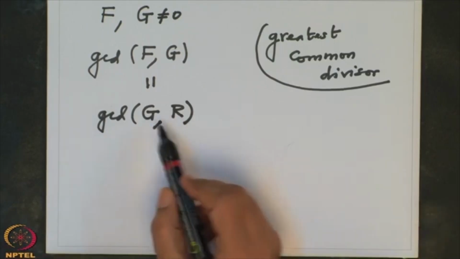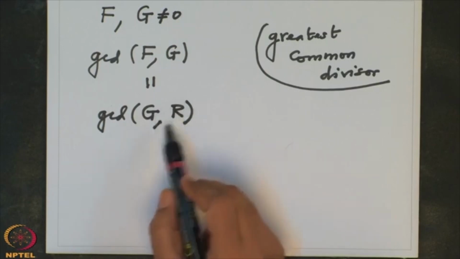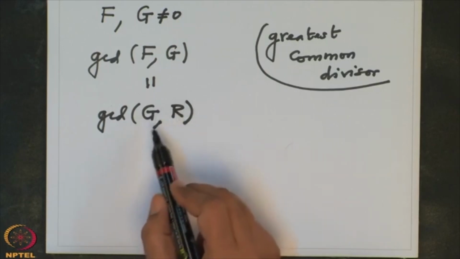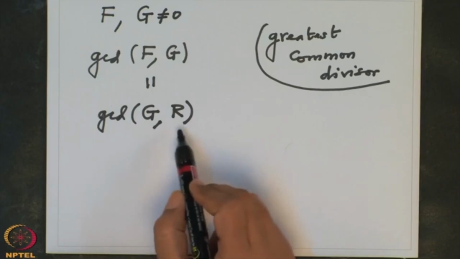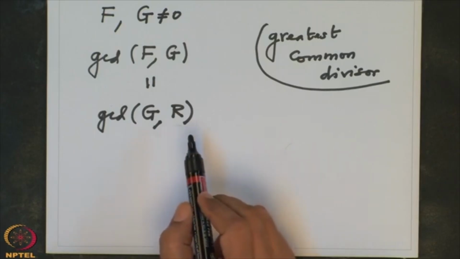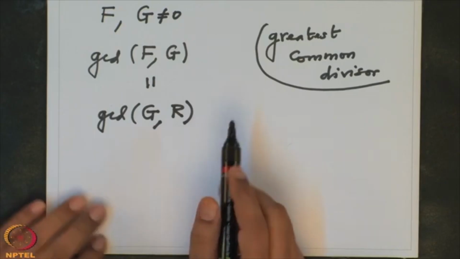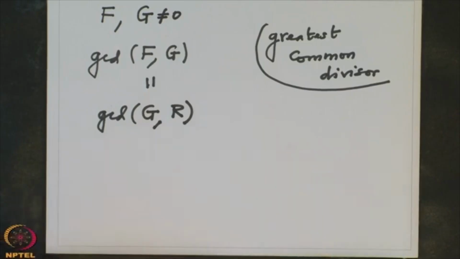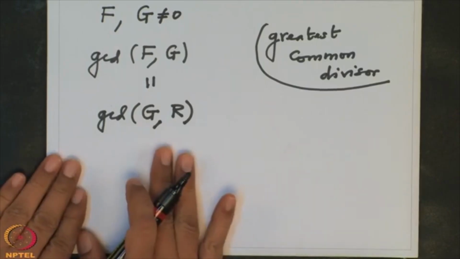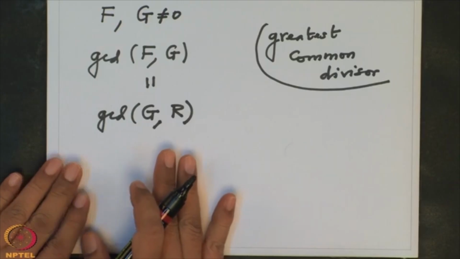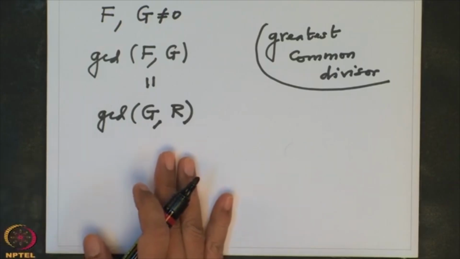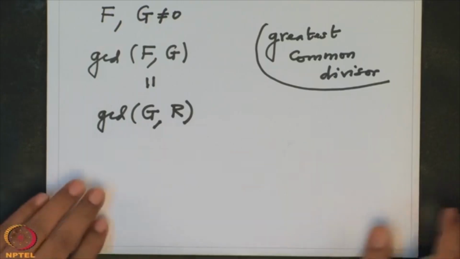So you keep checking it like this. So you are reducing the problem to a smaller degree polynomial always. Okay, so I will not go much into this because otherwise we will not have enough time to do our course.